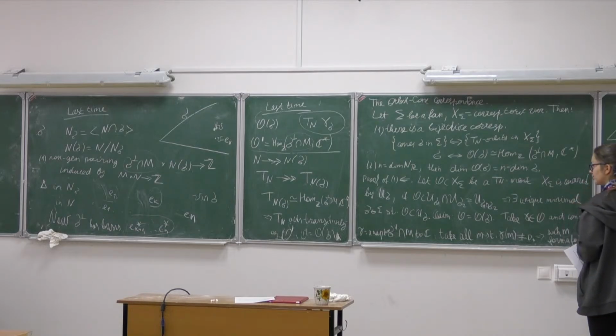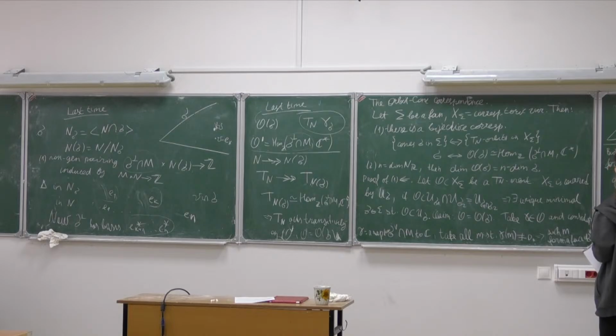Gamma belongs to C star for each M. And so all gamma belong to O sigma. We have the description of O sigma.